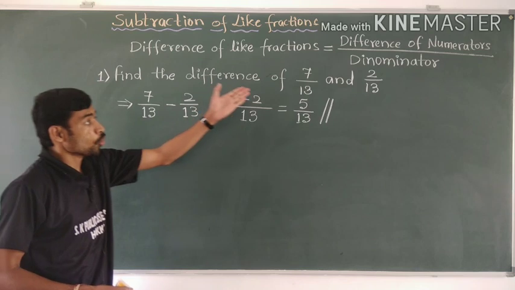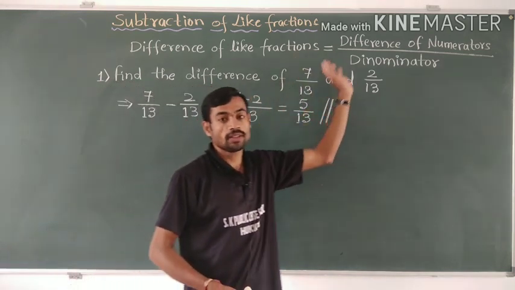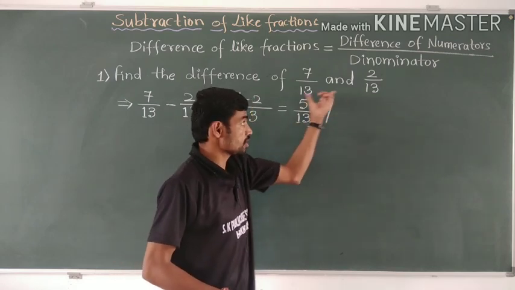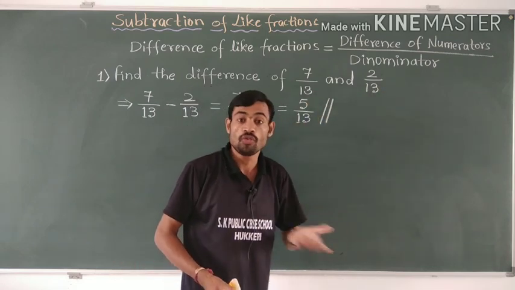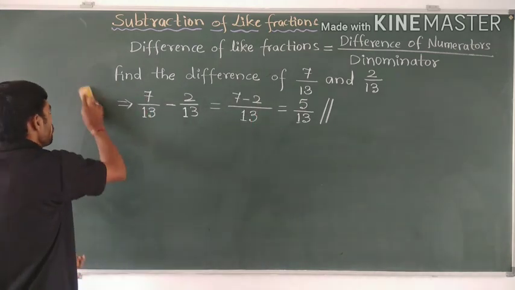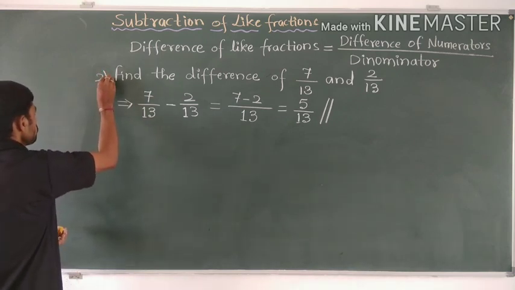Sometimes they give only two fractions, and sometimes they give more than two. When they give such fractions, how do we find the difference? Let us take another, second example.